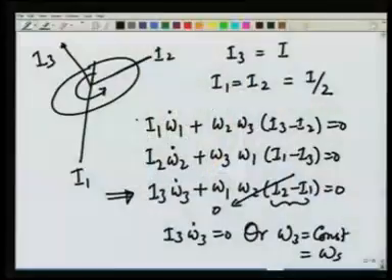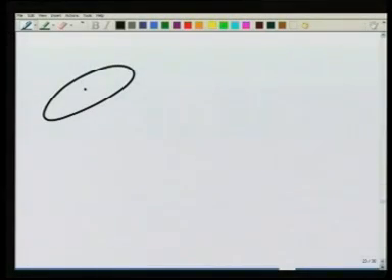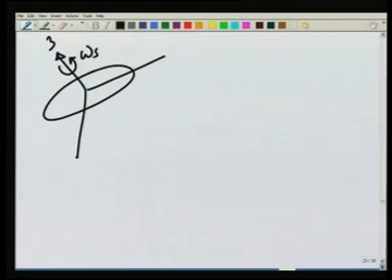What about omega 1 and omega 2? Let us see that. So, remind you again, I am considering a disc. This is axis 3, axis 1, axis 2. It is now given a spin about axis 3 and it rotates with constant spin. What happens to omega 1 and omega 2? That is what we are trying to find out.